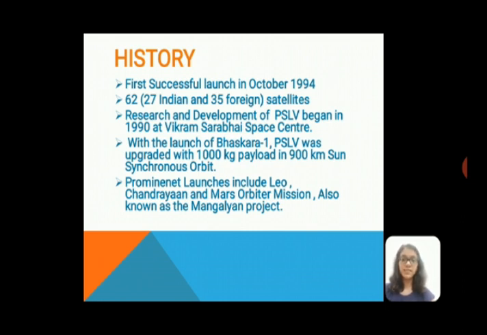It was also used in the Chandrayaan 1 mission. The prominent launches include LEO, Chandrayaan and the Mars Orbiter Mission, which is also known as the Mangalyaan project. The first successful launch of PSLV was in October 1994.